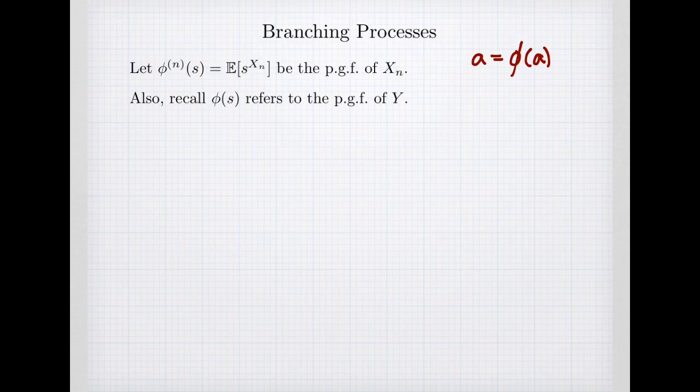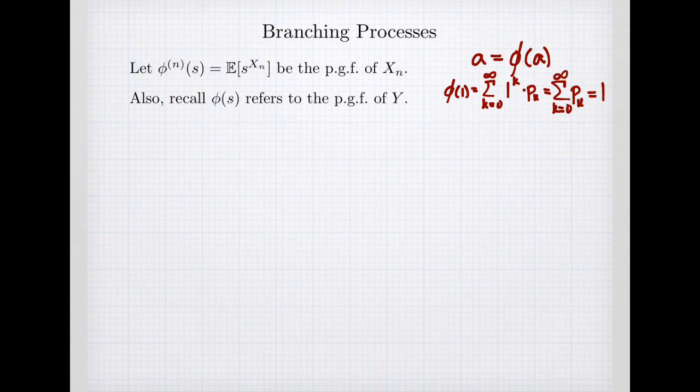Now, because of the way our probability generating function is defined, phi of 1 is the sum, as k goes from 0 to infinity, of s, which is 1, to the k, times the probability of k. 1 to the k is always 1, so I get the sum of the probabilities, k from 0 to infinity.